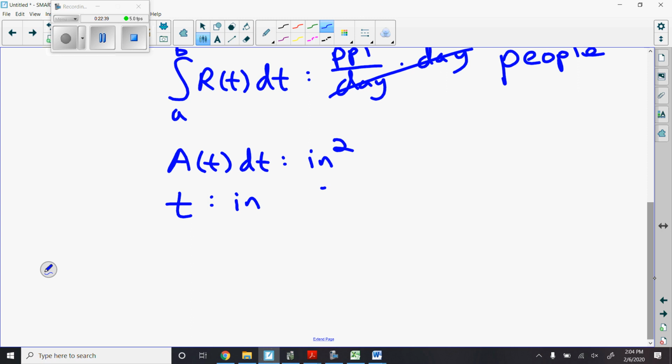Then our integral from a to b of A of t dt, our unit would be inches squared times inches, which would be a unit of inches cubed. So anytime you do a definite integral, you multiply the units of the two variables together. What's important here is if our function is a rate, then the integral of our function is going to be an amount.